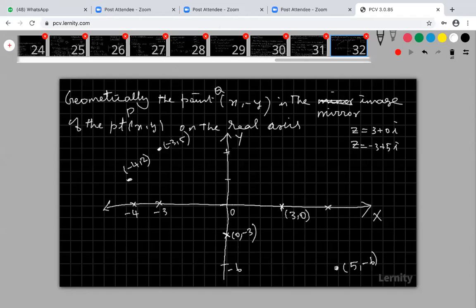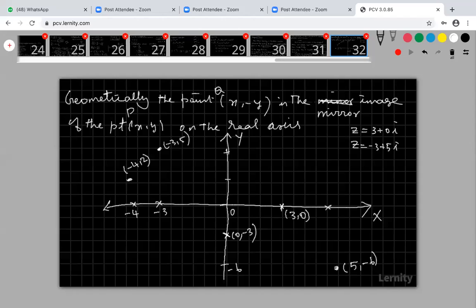Any doubt? Any other doubt? Yes, yes. Mirror image only. The conjugate is the mirror image, or simply called as image. No problem. Simply called as image or mirror image.